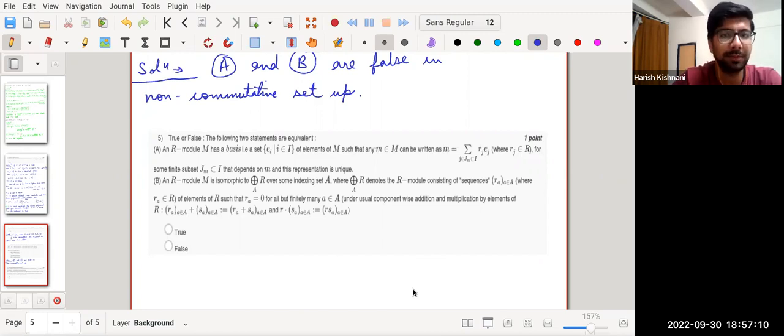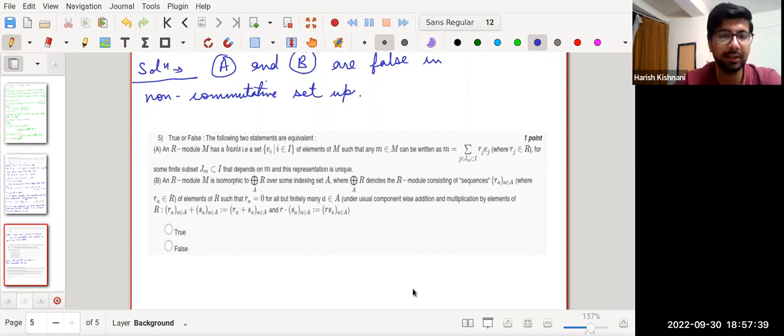But if you are considering one element at a moment, it has to be the sum of finitely many elements from the set e_i's. Okay, so it's just like you define the basis of a vector space. There also the dimension could be infinite, but at a time when you're considering a particular element, it should be written as a finite sum of the elements.